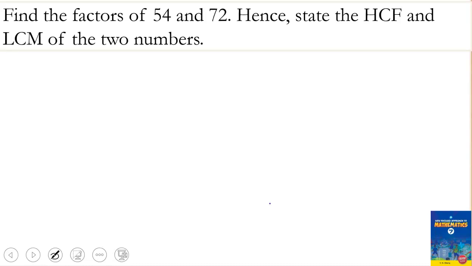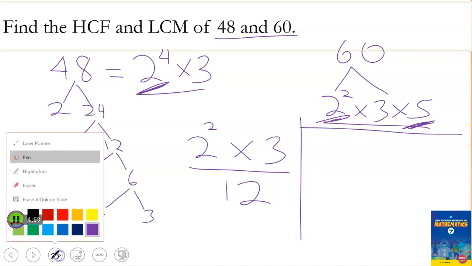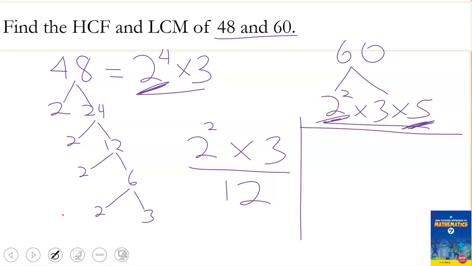Then let's do the least common multiple, that is the LCM of these same two numbers. Again, we utilize the answers that we have here. In this case, because we are using LCM, we pick the unique prime factors.